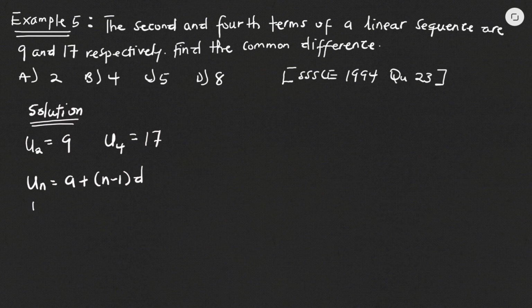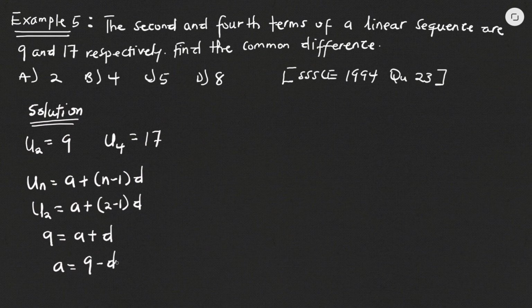So using u2, I will have a plus 2 minus 1 multiplied by d. My u2 is 9, so it's equal to a plus 2 minus 1 is 1, so multiplied by d over here will give me just d. Then from here I can make a the subject, so a will be equal to 9. I send the d to the other side, so it becomes 9 minus d as my first equation.